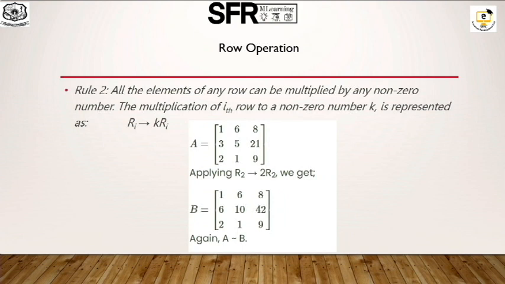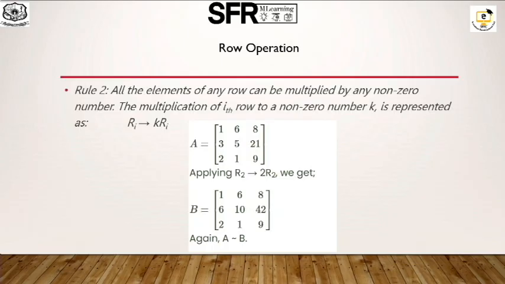That is, the multiplication of the ith row by any non-zero number k. In this example, we are going to multiply the second row by the number k equal to 2. That is, the second row is going to be changed to 2 into R2.